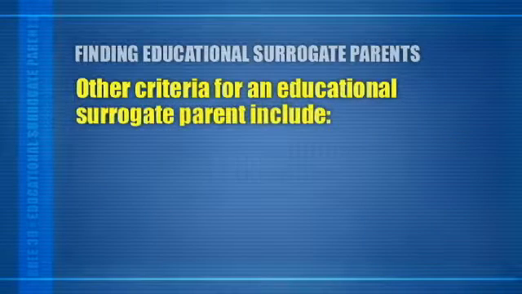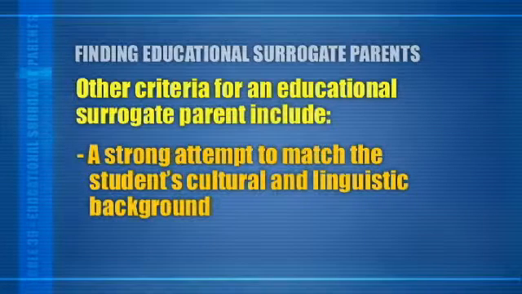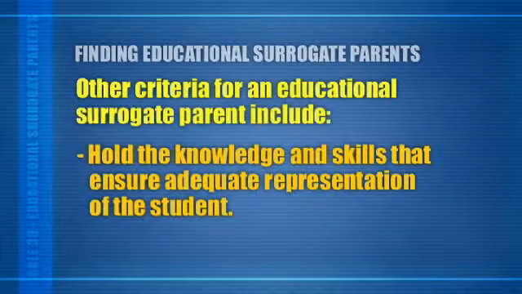Other criteria for an educational surrogate parent include no personal or professional conflict of interest, a strong attempt to match the student's cultural and linguistic background, and holding the knowledge and skills that ensure adequate representation of the student.